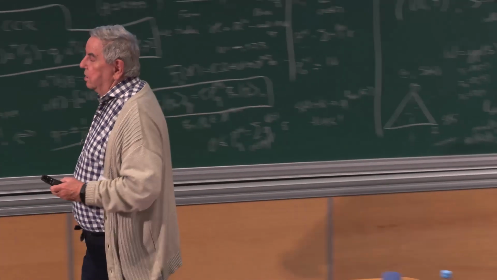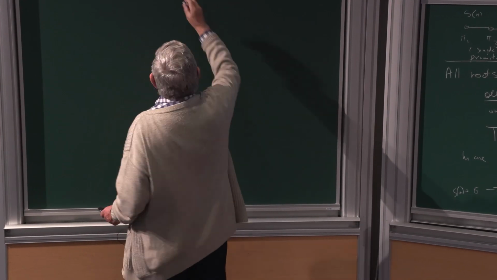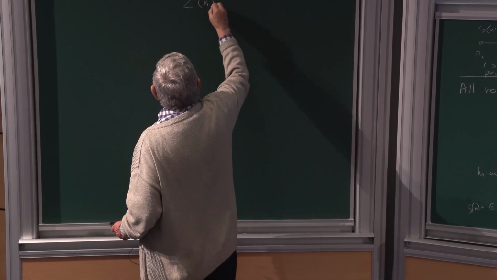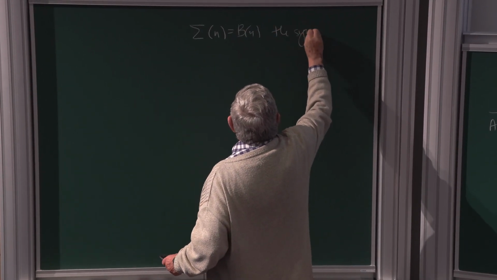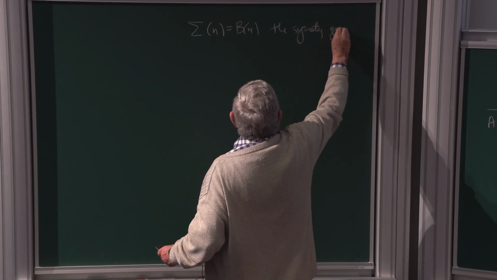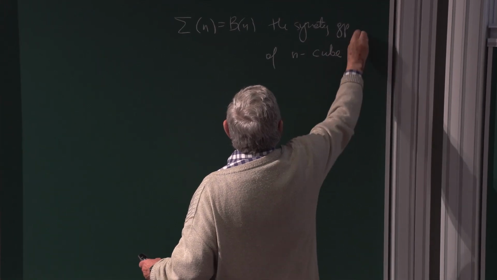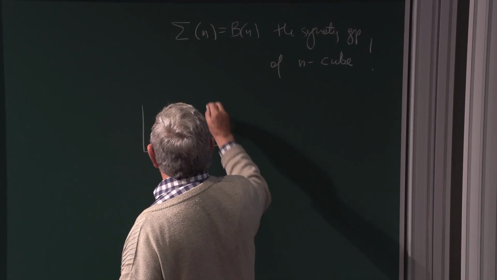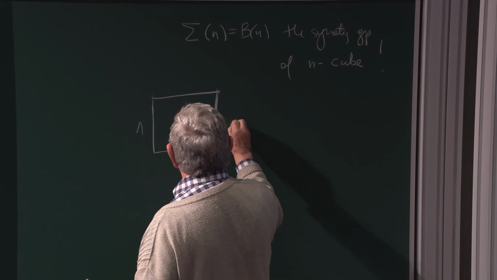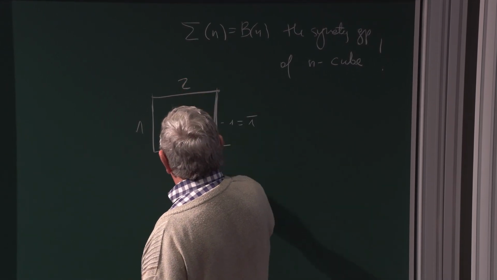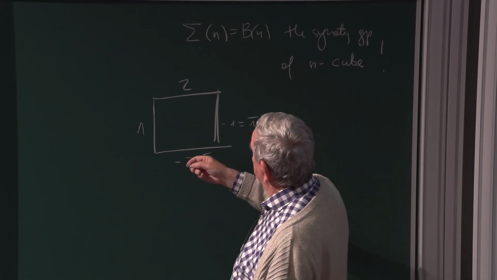That group is the symmetry group of the n-dimensional cube, so sigma n, or I call it Bn, is the symmetry group of the n-cube. For example, take the simplest cube, two-dimensional, with vertices usually 1, -1, or better, 1, 2, -2. And that symmetry is exactly what follows.